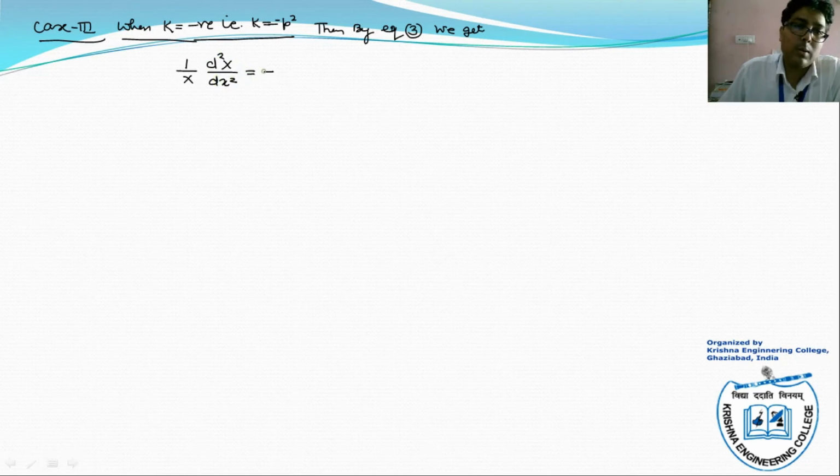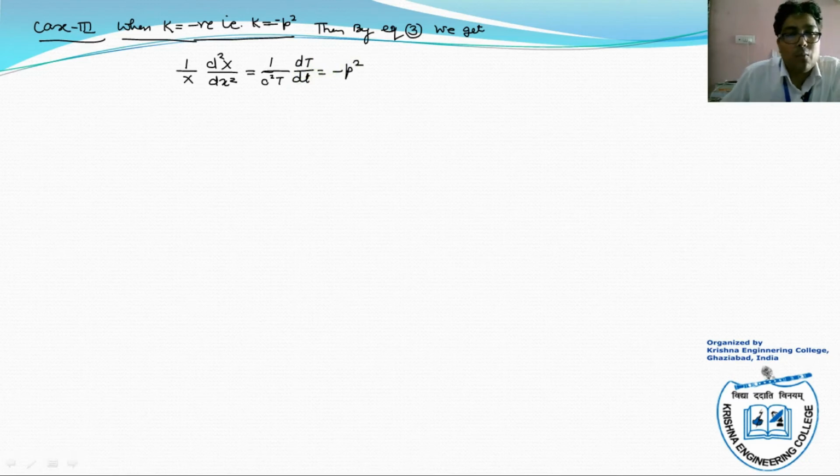Then by equation third, we get 1 upon capital X d square capital X over dx square is equal to 1 upon c square into capital T d capital T over dt is equal to minus p square. Now for better use of this page, we divide it into two parts.